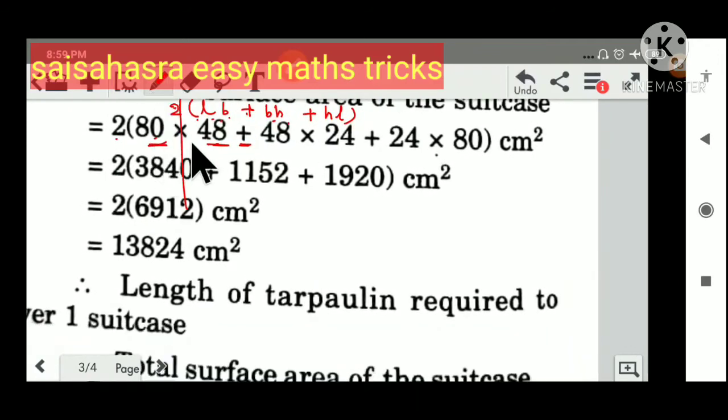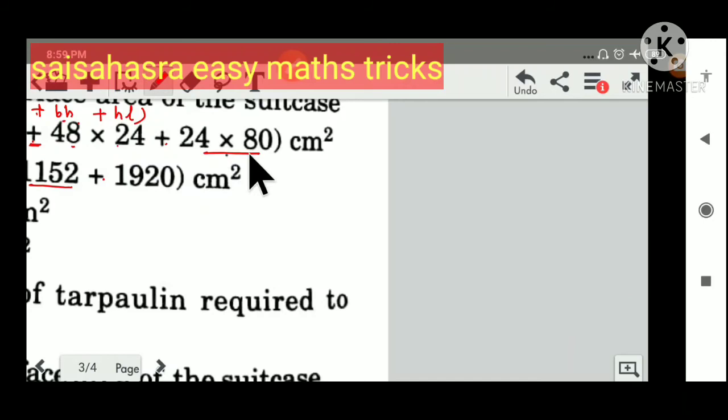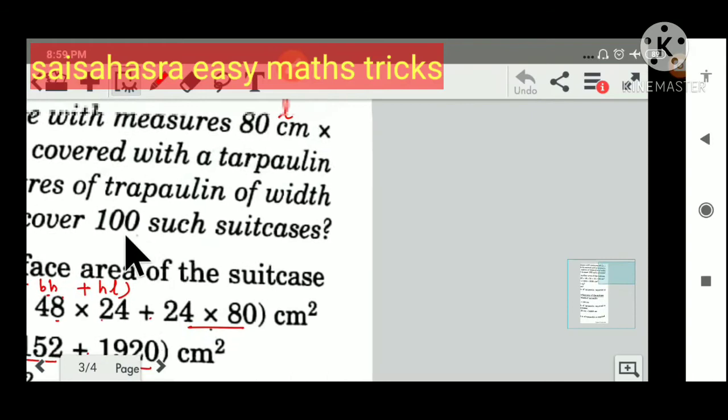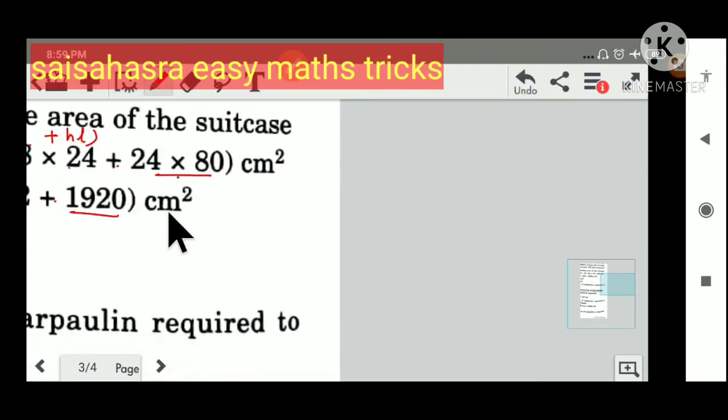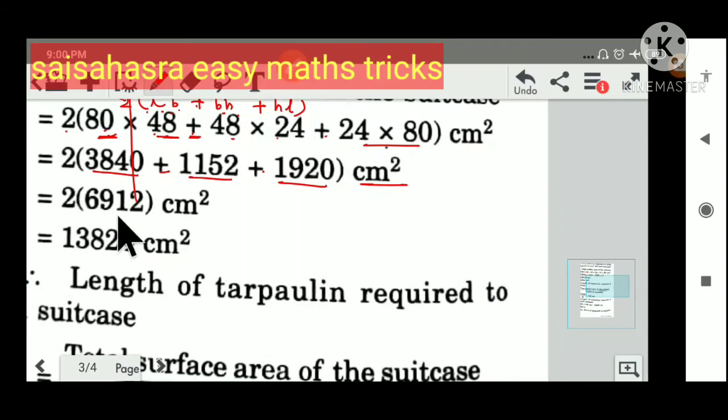Next step, when you multiply 80 with 48, you get 3,840, plus 48 into 24 will give 1,152, plus 24 into 80 will give 1,920. Since it is area and all the measurements are in centimeter, you will get centimeter square as the units. By adding all these, you get 6,912. Units digit: 0 plus 2 plus 0 is 2 only. 4 plus 5 is 9, plus 2 is 11.